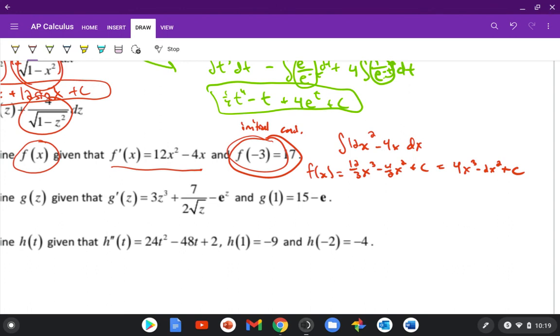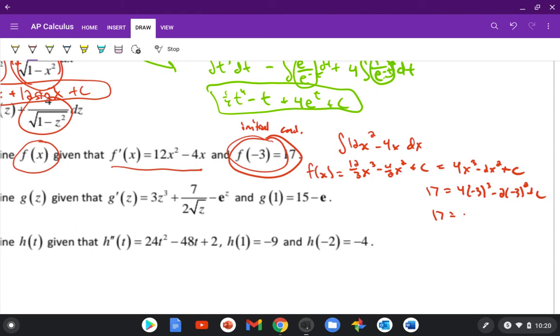So if we know that f of negative 3 is 17, we would say that 17 equals 4 times negative 3 to the third minus 2 times negative 3 squared plus c. That would give us 17 equals, see, that would be negative 27 times 4. Let's make sure we do this correctly.